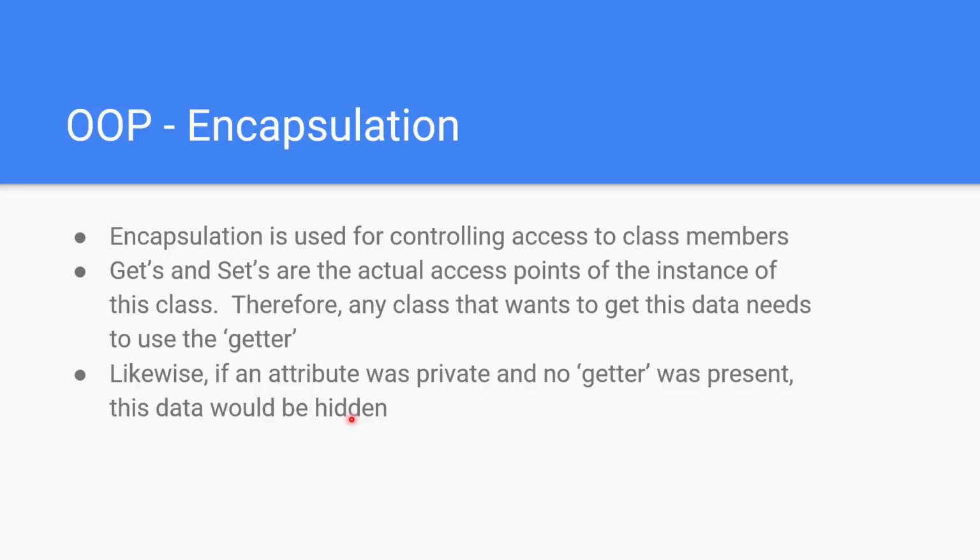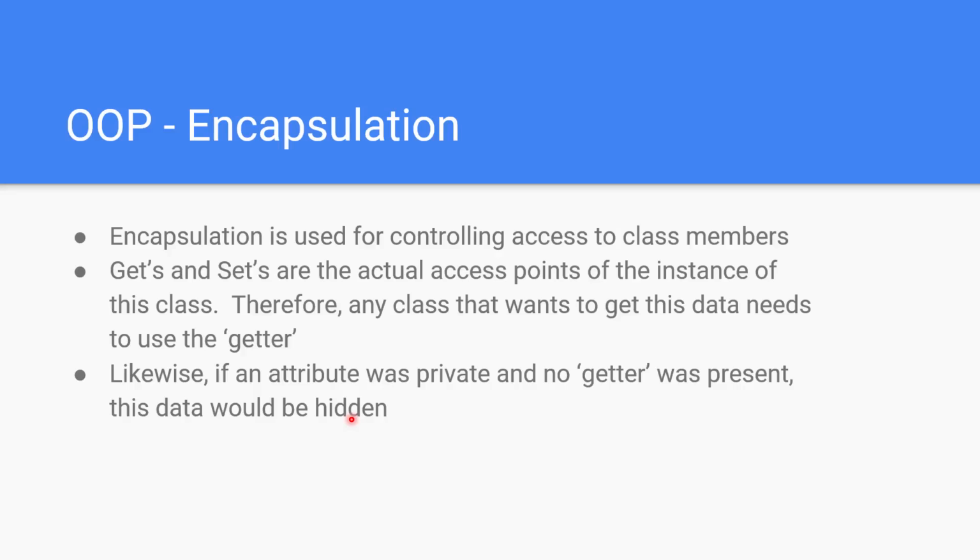So we saw that gets and sets were methods that set the value of an attribute or data. And our get actually returned it back. So when we instantiated the class, we're able to call the get for the data that we need. That way, the data is only accessible to the class through the object.